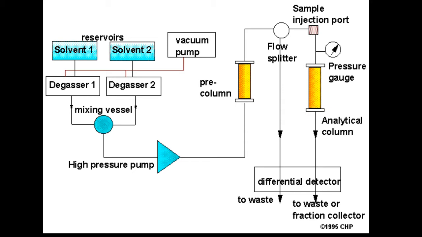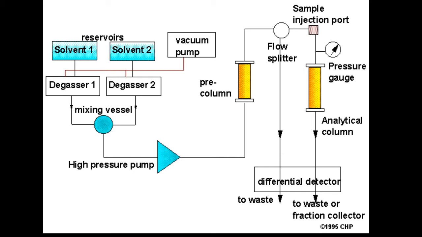Now these solvent reservoirs are equipped with the degassing system. So here solvent 1 is equipped with degasser 1, and solvent 2 is equipped with degasser 2. Now what is the role of the degassing system? The degassing system is used to remove the dissolved gases from the solvent.